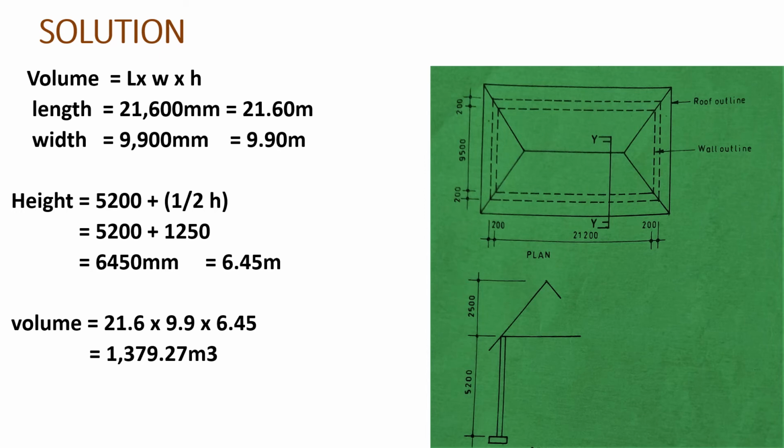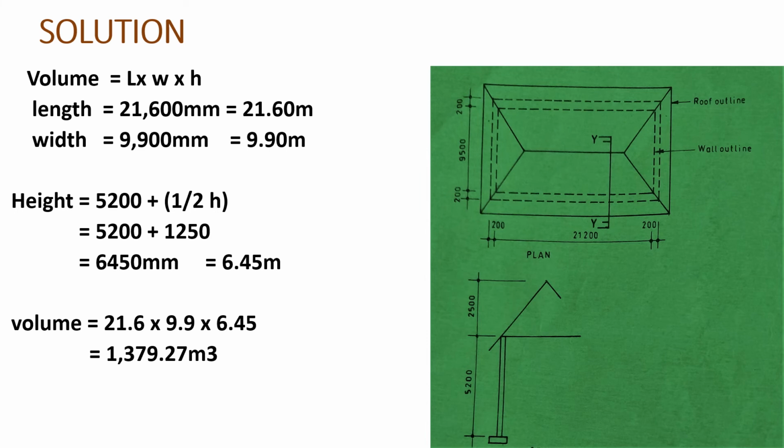So in this case, we are going to have 5,200 plus half the height of the roof, which is half of 2,500. That gives us 1,250. So the total height will be 6,450. That is 6.5 meters.